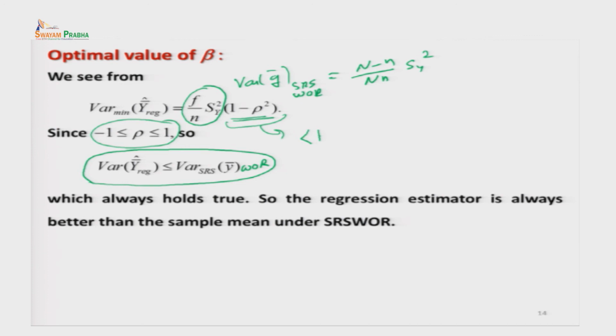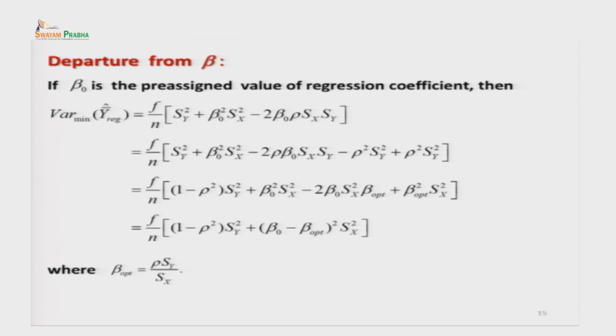But now I ask you one more question: you are assuming that beta is pre-assigned, that means somebody will tell you the value, and it may happen that the value you use is not exactly the beta optimum. So, the question comes: what will be the difference if somebody wants to use it in a different way? The true value is beta optimum which gives you the minimum variance, but you are trying to use another value beta 0.